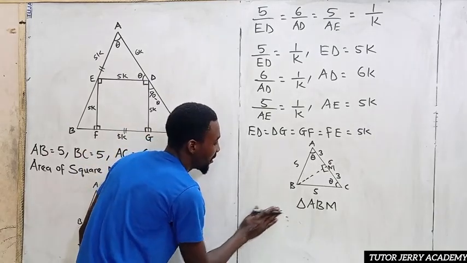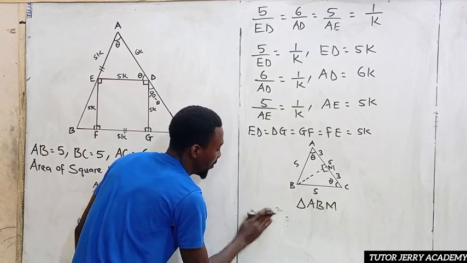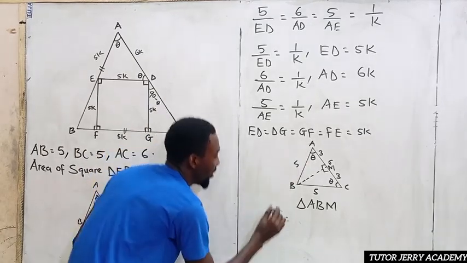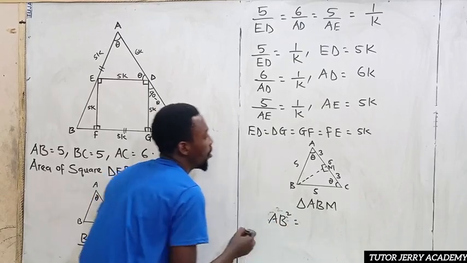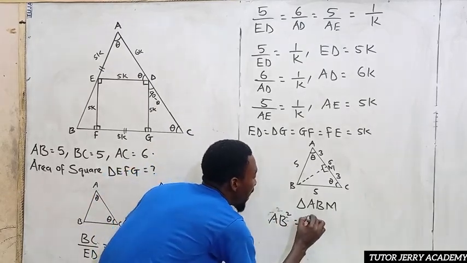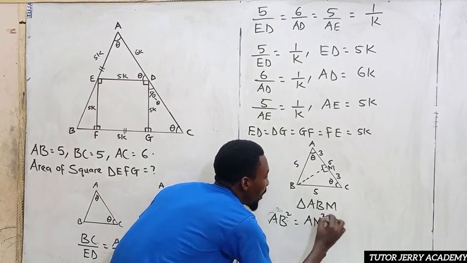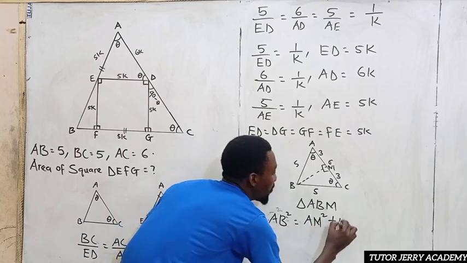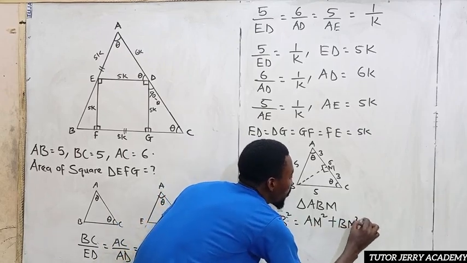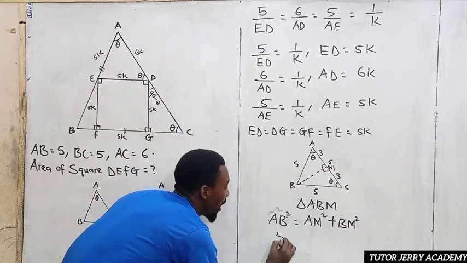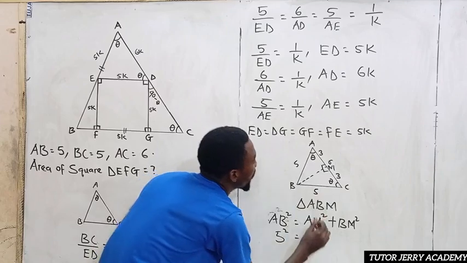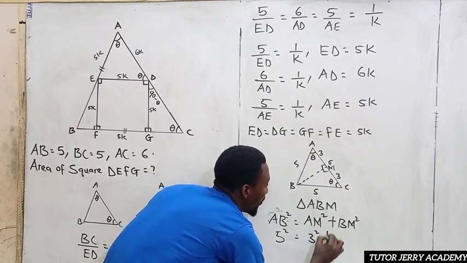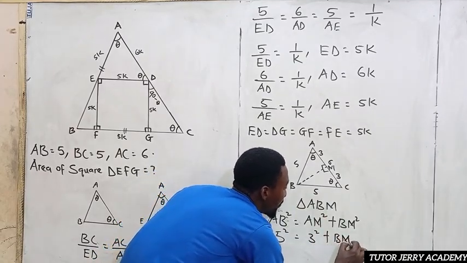Okay, let me just write the alphabet first. So we are going to say AB square will be equal to AM square plus BM square. But AB is 5 square, which is going to be equal to AM, which is 3 square, plus BM square.